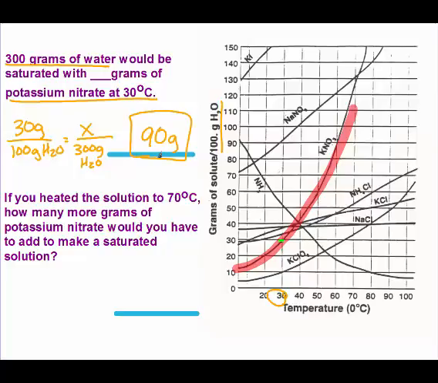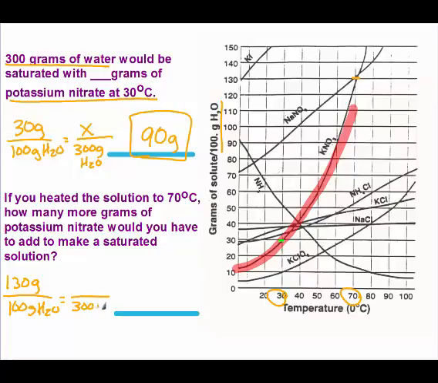On this next one, it says we heated that same solution to 70 degrees. At 70 degrees, we can get about 130 grams for every 100 grams of water.